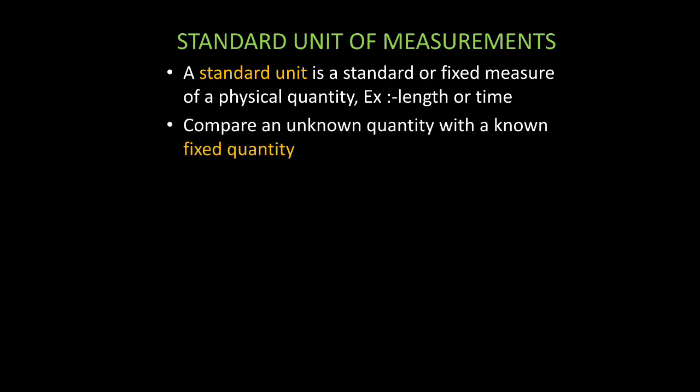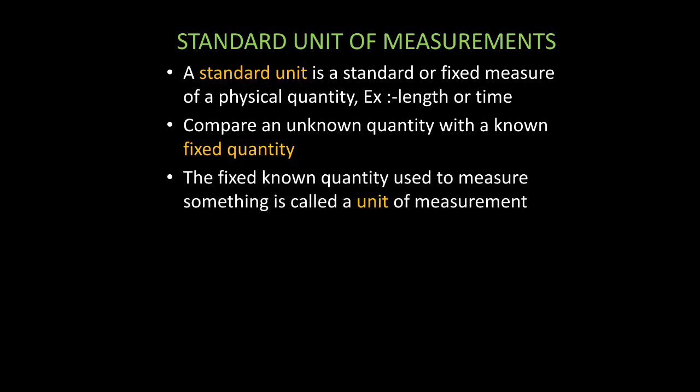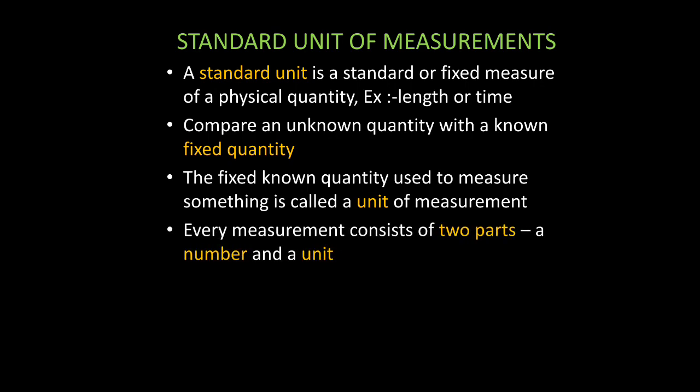Compare an unknown quantity with a known fixed quantity; for this we want a standard unit. Third, the fixed known quantity used to measure something is called a unit of measurement. Every measurement consists of two parts, a number and a unit.